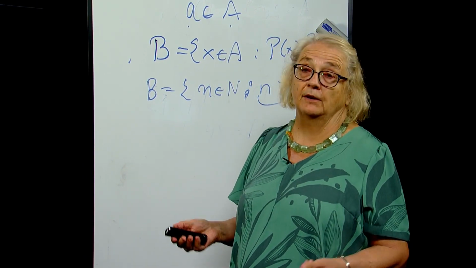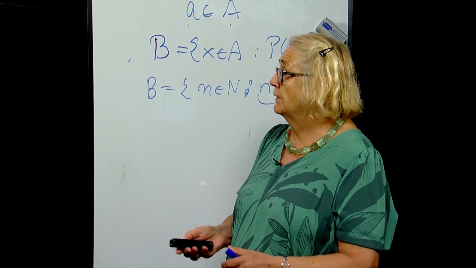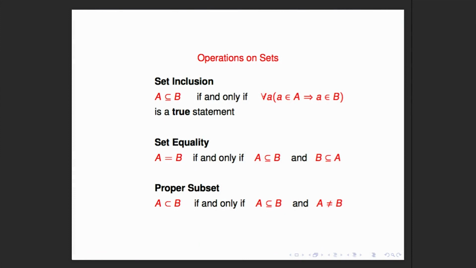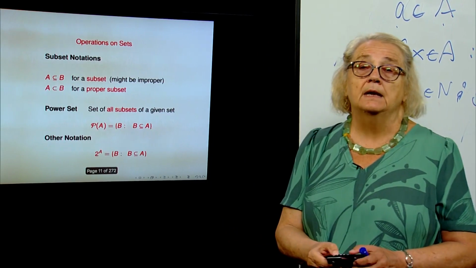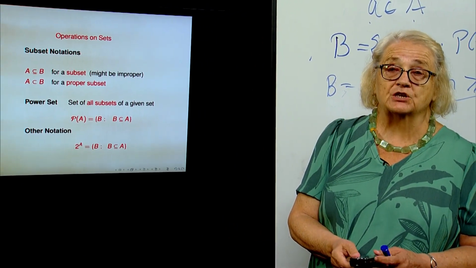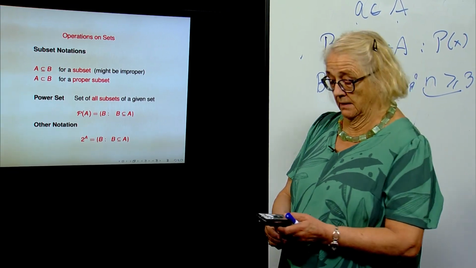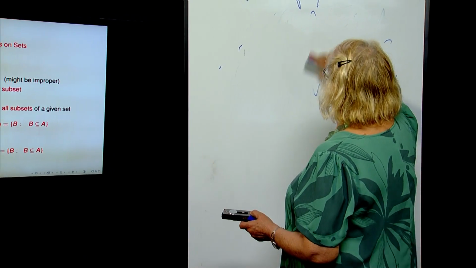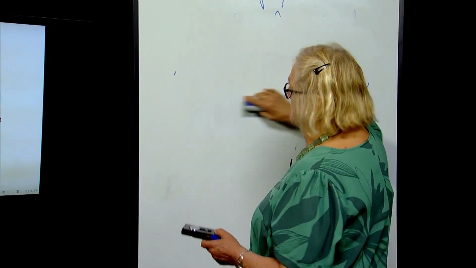And now you have set inclusion. I brought it that we use the inclusion as less than or equal. And so it's an improper inclusion. And a proper subset is just a subset of B. And now we have also another notation: once you have inclusion of sets, you have the set of all subsets of a given set.